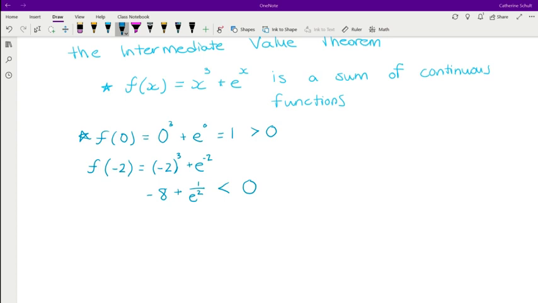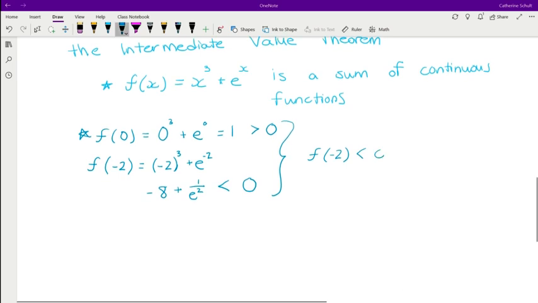So remember with the IVT, that's important because now 0 is between this negative value and the positive value. So according to the IVT, since we're going in the negative direction, here's -2, here's 0.